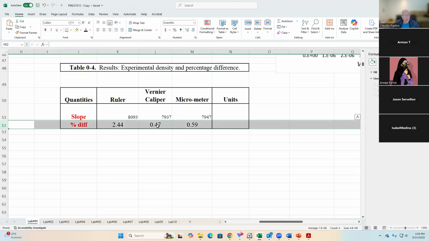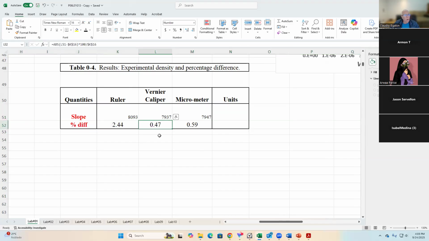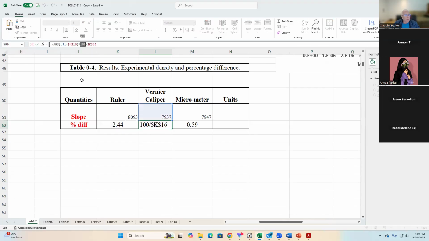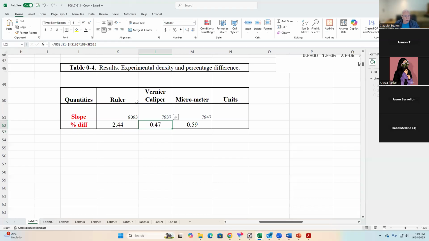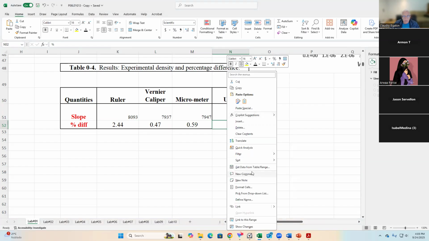You have to look at the equation to find out what the unit is, because we have this number 100 here, you see that? Because I put this 100 here, the unit for these three quantities is going to be the percentage sign. It's stricken out, right?